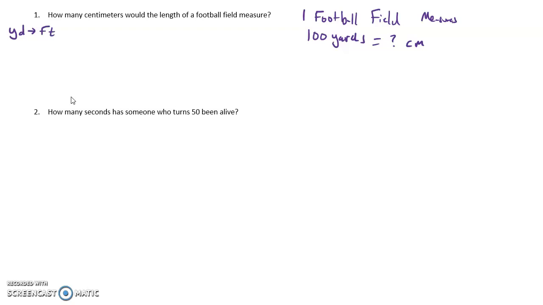And one way to think about this is, what's the closest equivalency to centimeters in the imperial system? It probably would be inches, right? So we're going to go from yards to feet, from feet to inches, and then from inches to centimeters. And I'll provide you guys with a conversion sheet to use.